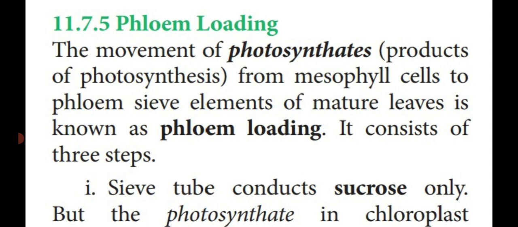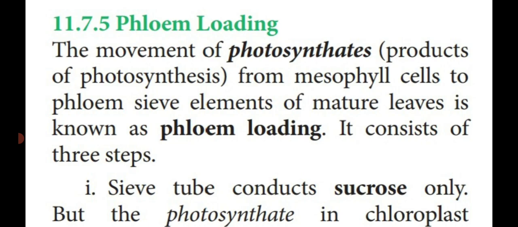That means the leaf which prepares the food material, that food material is transported to the phloem elements, the sieve tube and companion cell, and this is known as phloem loading. The movement of the product of photosynthesis from mesophyll cells to the phloem sieve elements of mature leaves.